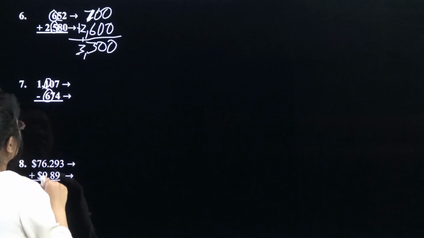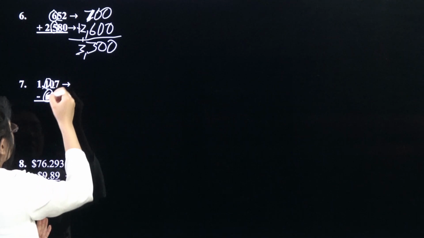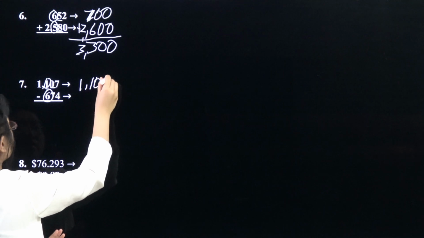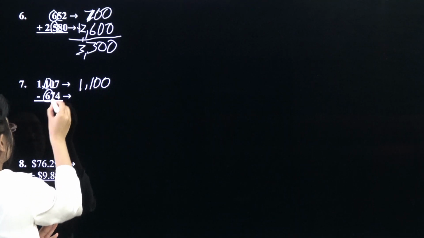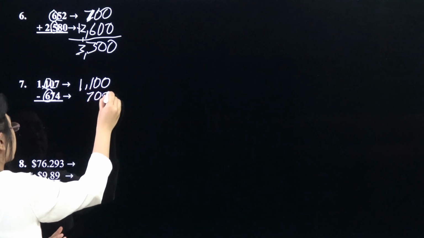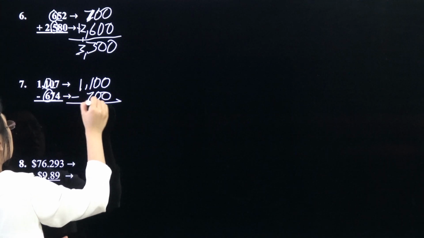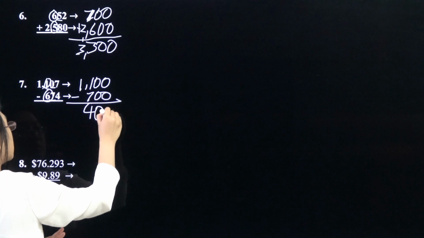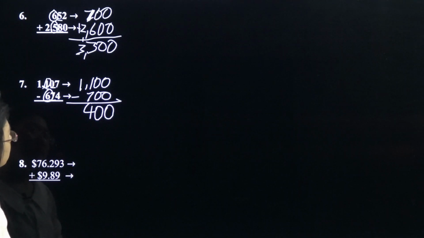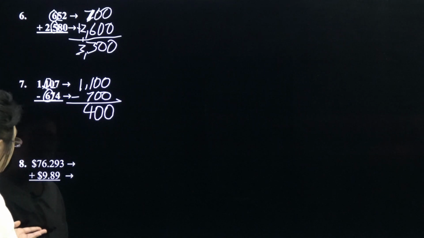And here we have, move one to the right, it's a 0, we round down, 1,100. And here we have, move one to the right, a 7, so we round up, and we get 700. The answer is approximately 400.